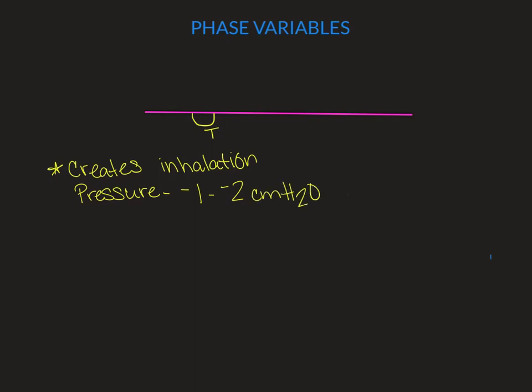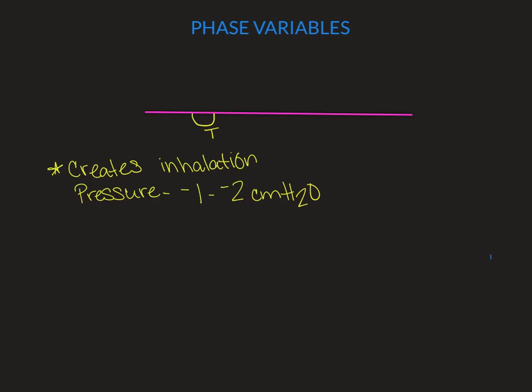And remember, the closer to 0, or the bigger the number, the easier it's going to be for that patient to trigger a breath. So it requires a patient having a work of breathing with the IPPB.